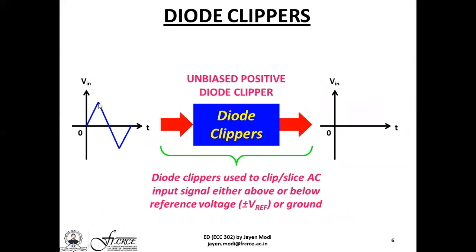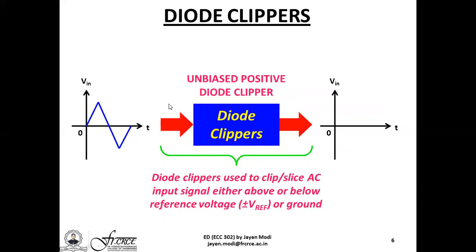Since the signal is continuously varying with time, it is an AC input signal. You can have a square wave, a sinusoidal wave, a ramp wave, a sawtooth wave, or any AC input signal waveform. Since I am doing the animations, it was easier for me to sketch a triangular waveform as compared to a square wave or a sine wave.